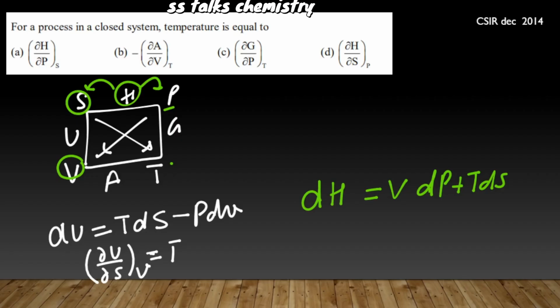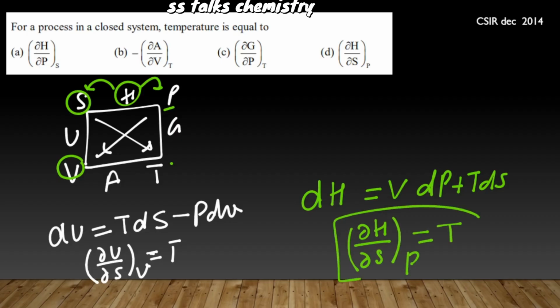If I talk about this at constant pressure, del H by del S at constant pressure is going to be equal to the temperature. So these are the two expressions that give us the value of the temperature. So del H by del S at constant pressure, option B will be the right answer.